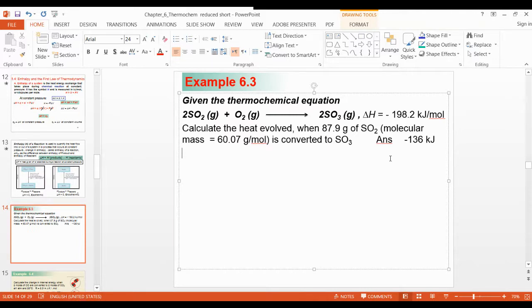Whatever moles you get from 87.9 gram, you compare by cross multiplication. If 2 moles give this much energy, and you have 1 mole, it is divided by 2, like that. So this is a simple calculation. You compare this with the energy given in the question.